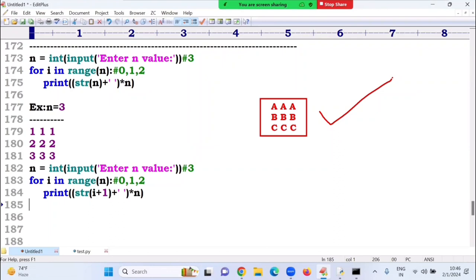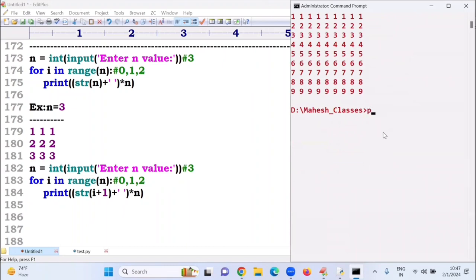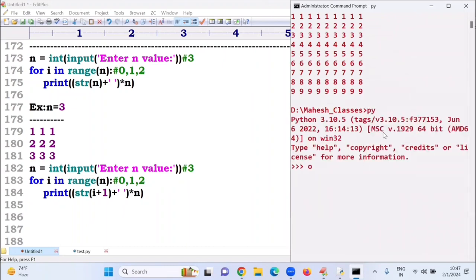What is the A ASCII value? ASCII value number, A number. Look here, go to Python shell. ord is the function, capital A you can ask. 65, then automatically what will be the B value? 66, 67.